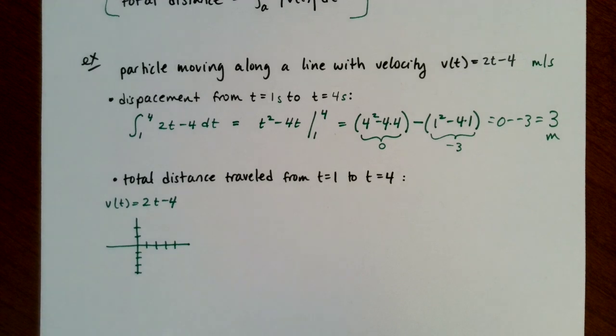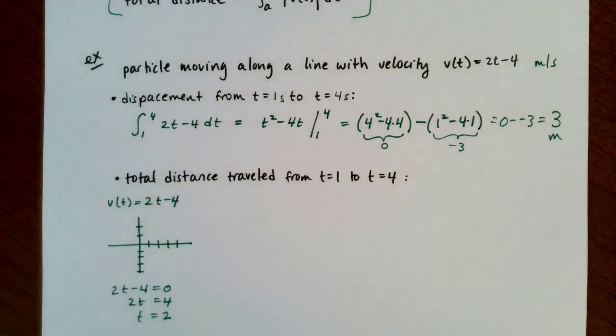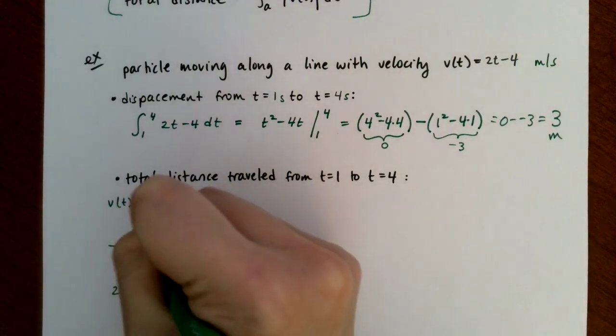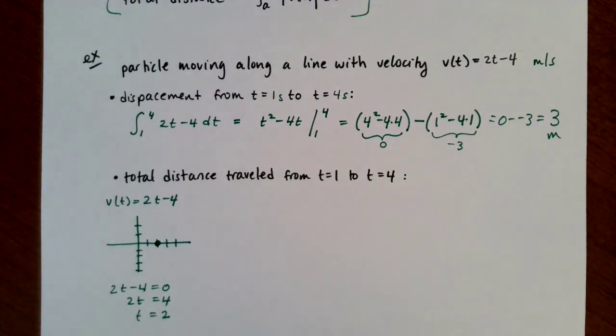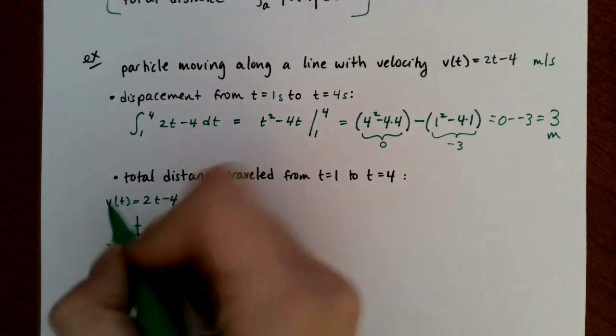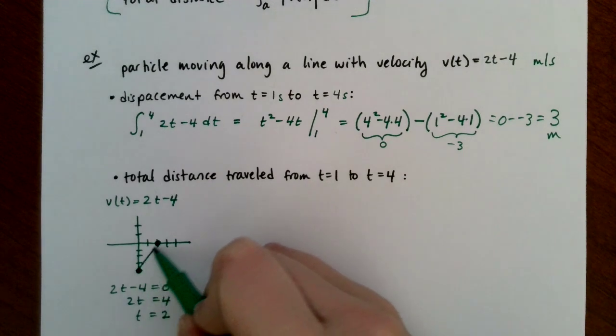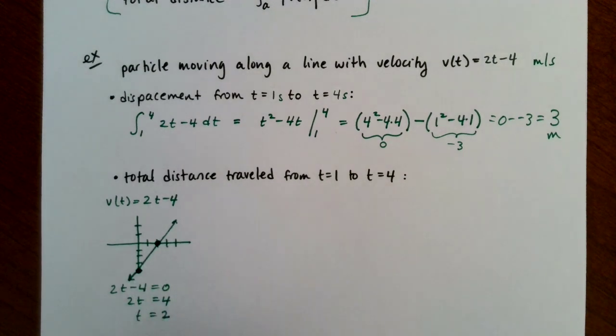One feature that's going to be really important in this graph sketch is where we're crossing the x-axis, so where this thing actually equals 0. So I'm going to compute that exactly, set it equal to 0 and solve. It's going to cross the x-axis at 2. That's right here. And then why don't I also plug in 0? So 2 times 0 minus 4 is negative 4. So 0, negative 4 is another point, and it's a straight line, so we'll just roughly connect these.